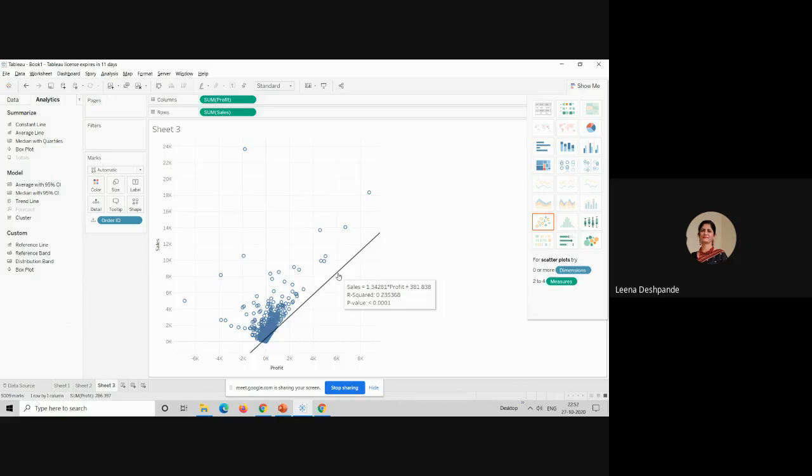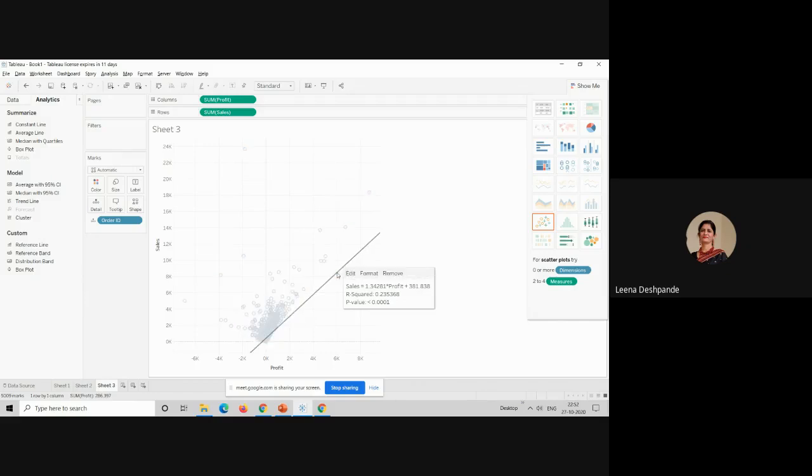We have got that significance value as less. If the value is less, it means that the line we have found is the best fit line. So with this linear option, I am able to get the equation.